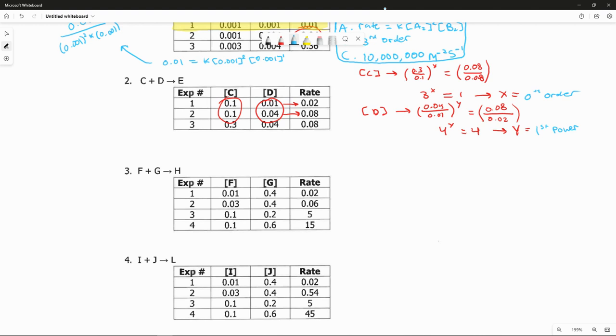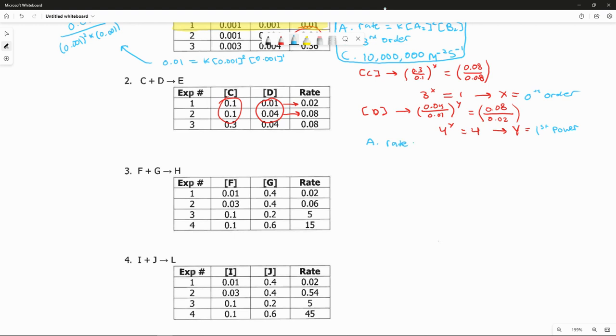All right, so now we can write the rate law. A, rate law. Rate law is always rate equals K times concentration of A to the X times concentration of B to the Y. In our scenario, A is C and B is D. So we can do this.